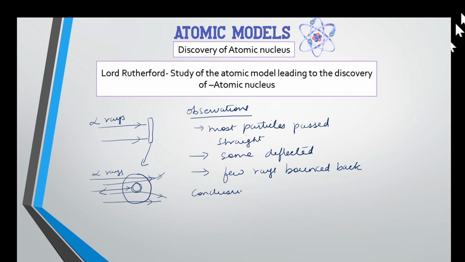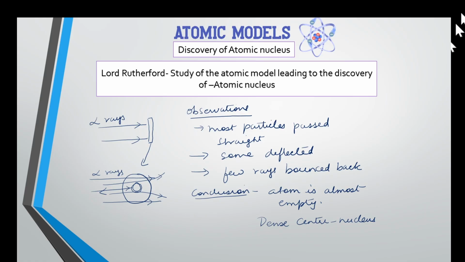What were the important conclusions? That atoms are mostly empty. Yes, the atom is almost empty, and the dense center or the core is the nucleus, which is concentrated with positive mass in the center.